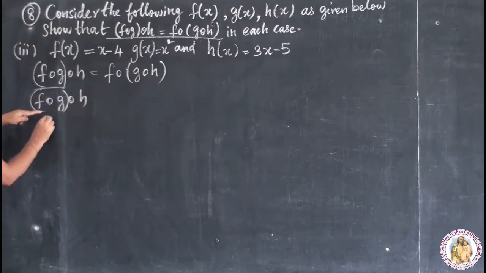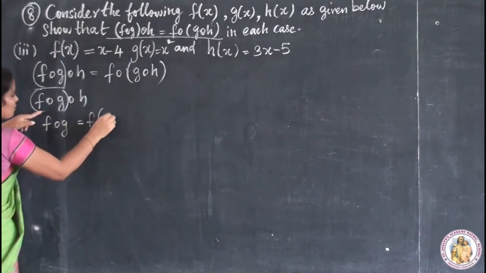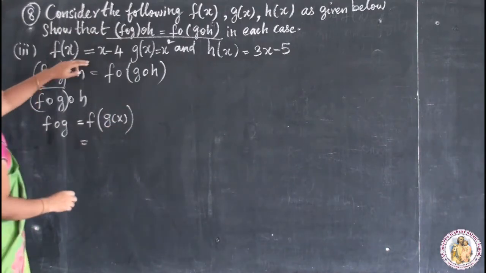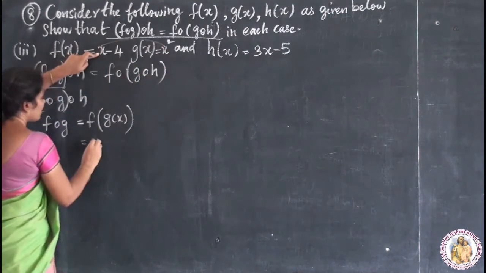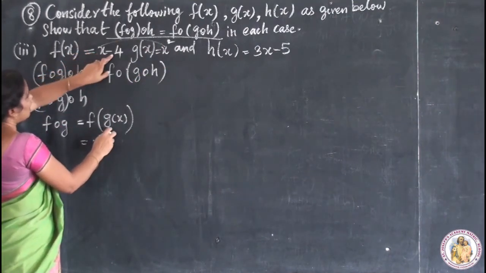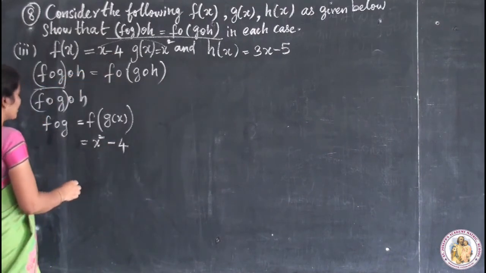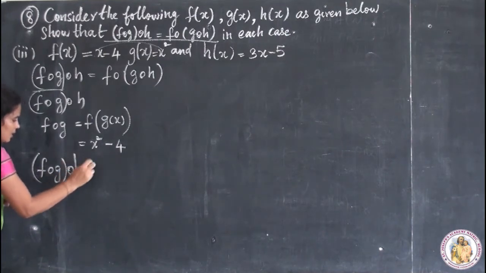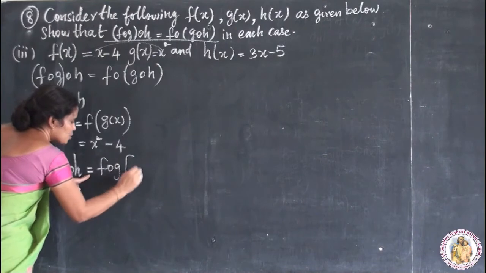Go with bracket f of g is equal to f of g of x. F in the place of x, you have to take x square minus 4. Okay, and take f of g of h is equal to f of g of h of x.